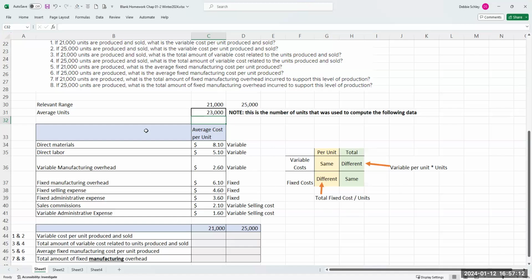So required 1, if 21,000 units are produced and sold, what is the variable cost per unit produced and sold? Okay, so we have to figure out which of these costs get added up to reflect the variable cost per unit produced and sold.